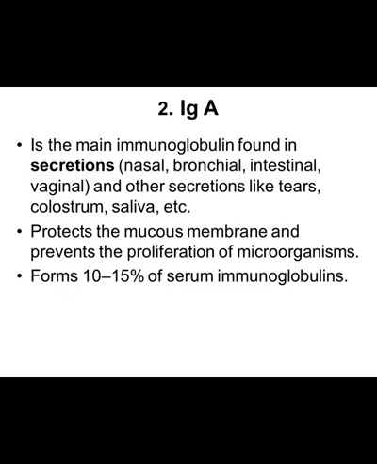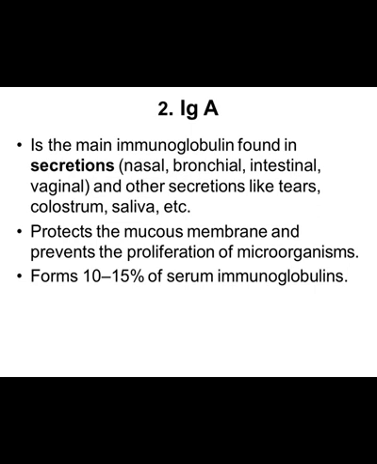Second is the IgA. It is the main immunoglobulin found in secretions, for example, nasal, bronchial, intestinal, and vaginal secretions, and other secretions like tears, colostrum, and saliva. It protects the mucous membrane and prevents the proliferation of microorganisms.